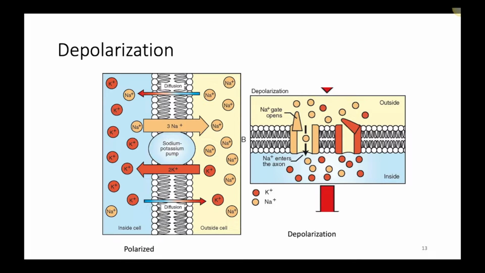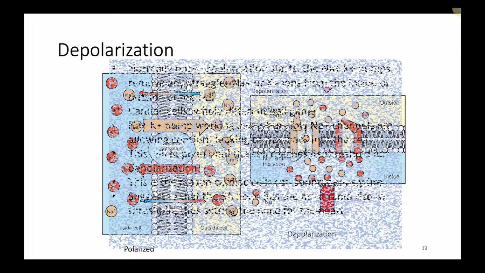Now during depolarization, this is that picture here, the little sodium gates open, and thanks to the concentration gradient and also to the fact that opposites attract, the sodium is drawn inside the cell as soon as those gates are opened, and it creates a depolarization. So now it's positive on the outside because there's still some sodium on the outside, but it's also positive on the inside because the sodium has tipped the scales.